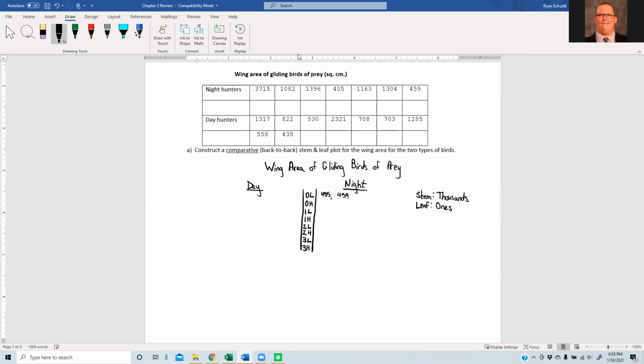Those two are done. Then we have no highs with no thousands. The low 1,000s, that's gonna pretty much be almost the rest of them.